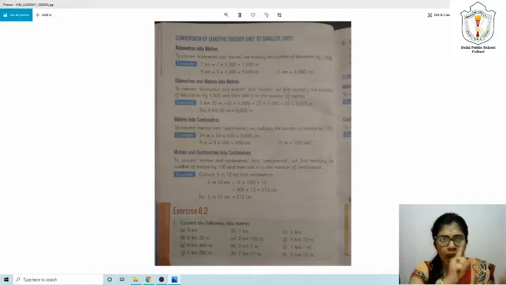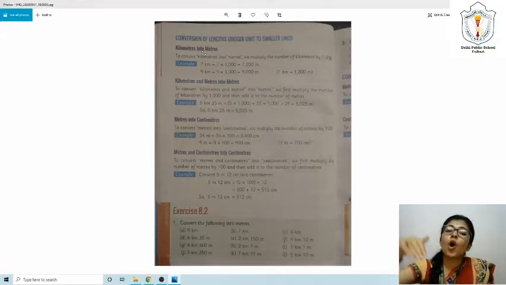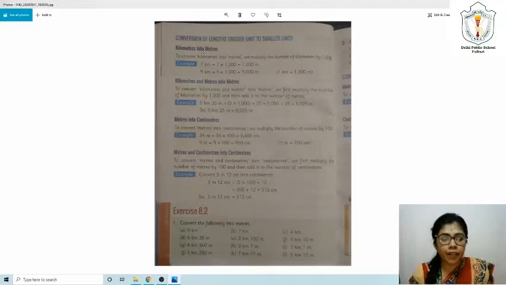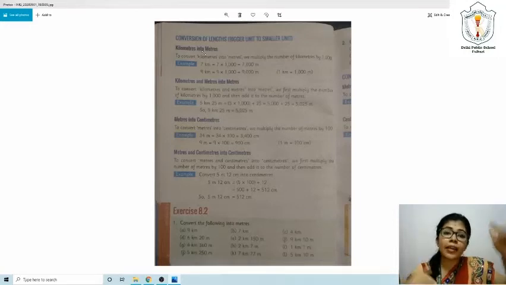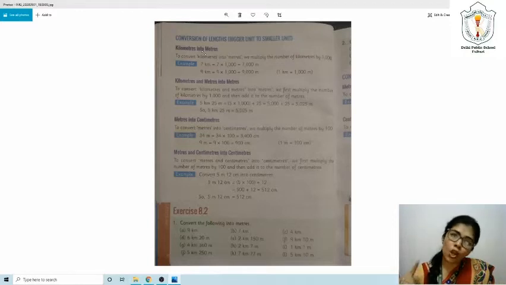When you go from the higher unit to the lower unit, you always multiply. And when we come from the lower to higher, we divide. Please keep this in your mind. Higher to lower is multiplication, lower to higher is division.